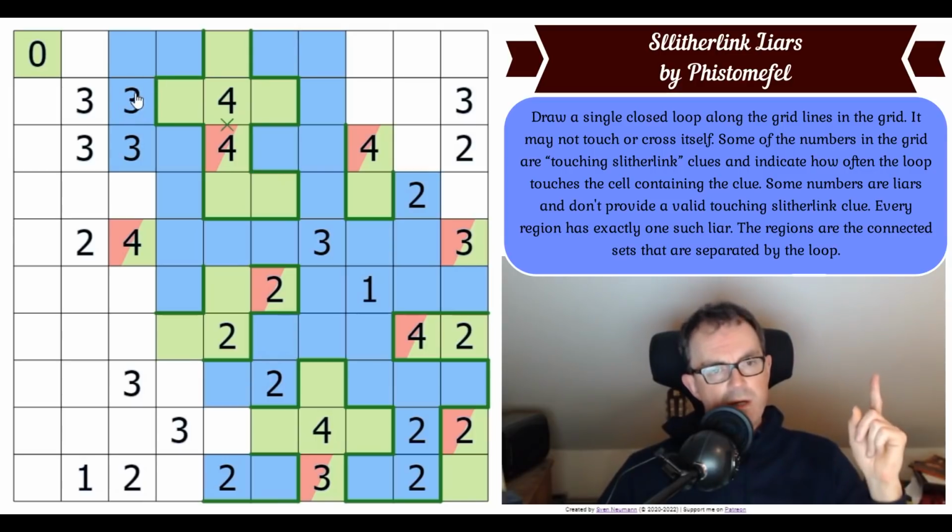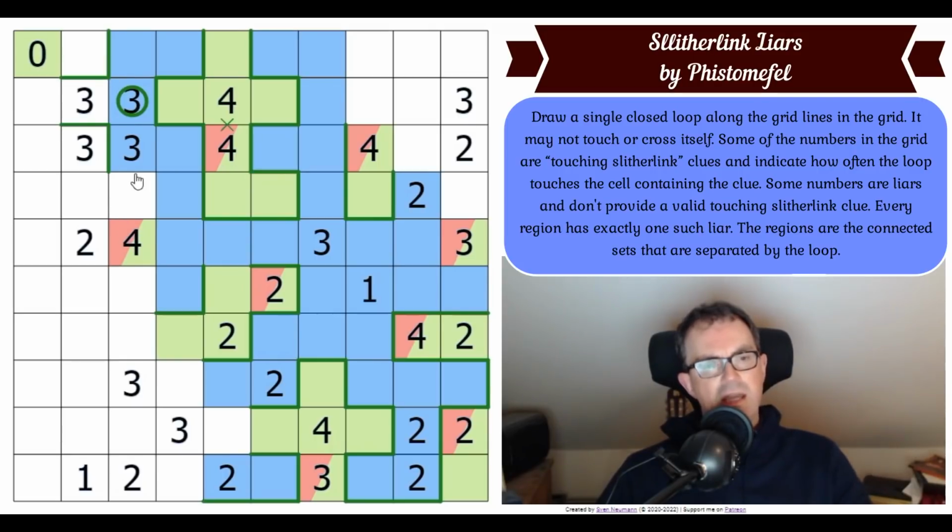So, if we argue this is a correct blue clue, because of this line segment, I have to draw that line segment and that line segment. Now the thing that worries me is that this is clearly blue, but wrong. So that's the one internal to the loop incorrect clue, which means this has to be correct and can't be, because to be correct, having put this line segment in, I have to put that one in, and that's clearly nonsense.